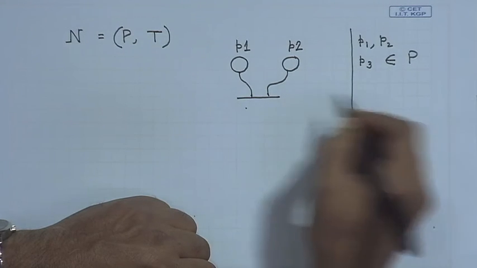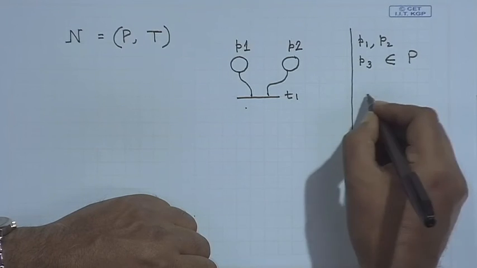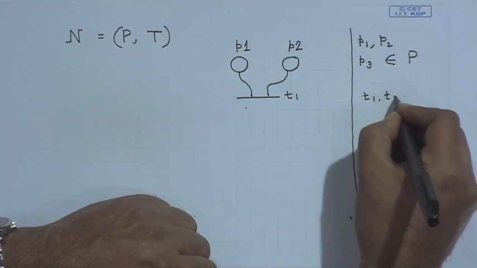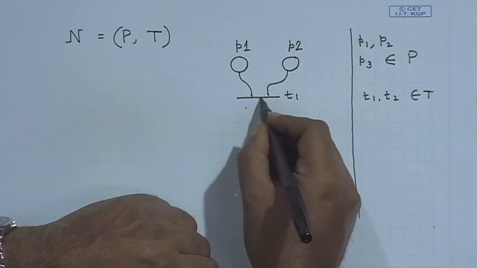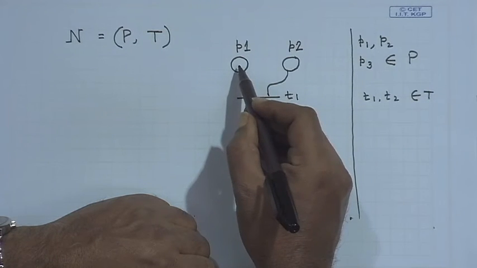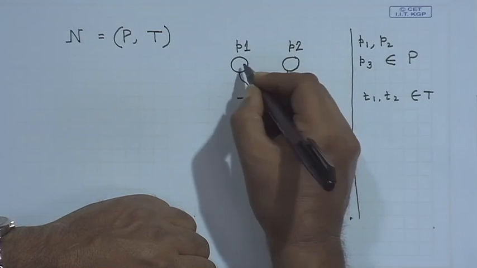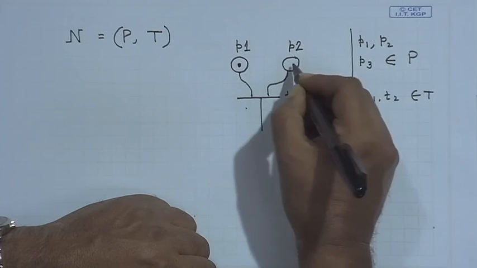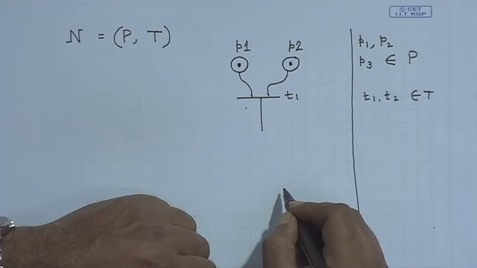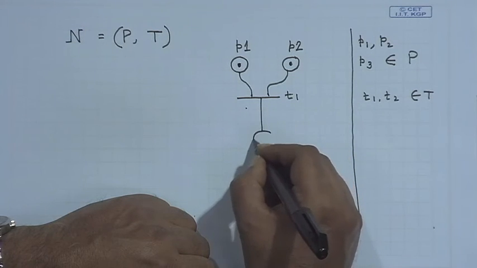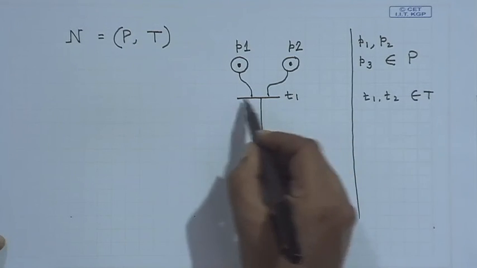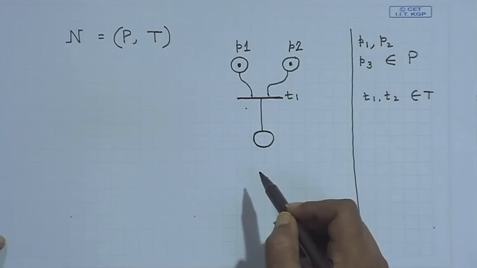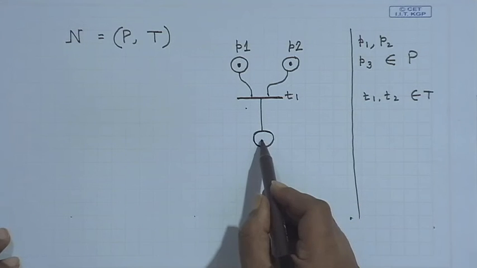Just like a graph, I have got some transitions, say T1, T2 belonging to T. T1 is a transition that fires when there are tokens available at both its inputs P1 and P2, and one variety of Petri net says that this transition will fire or will be enabled if the output place is empty.